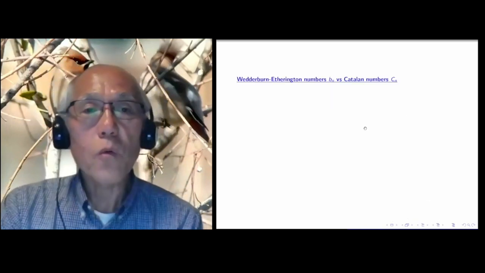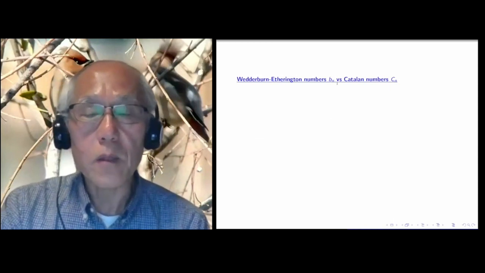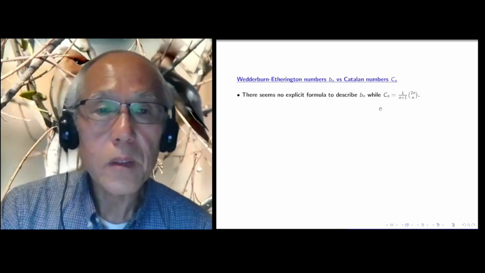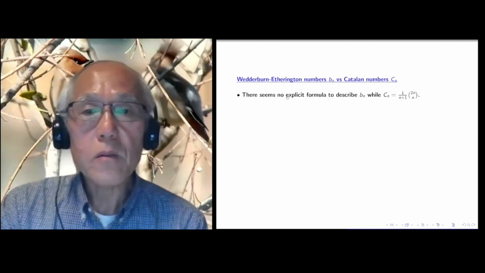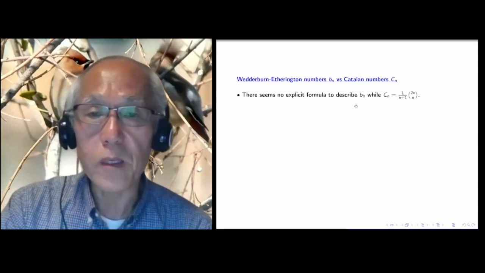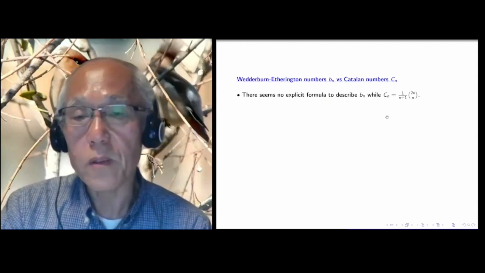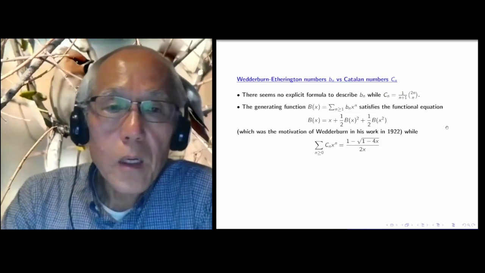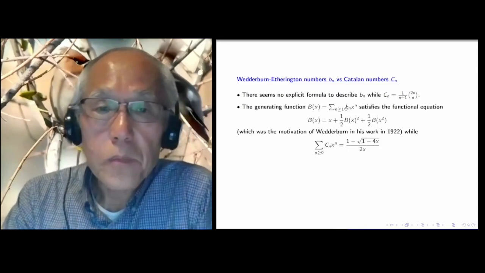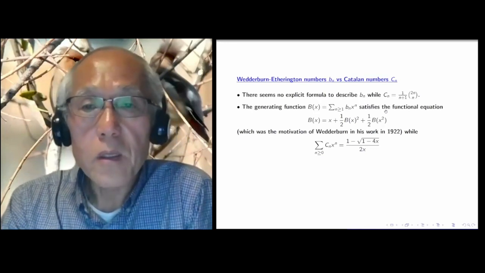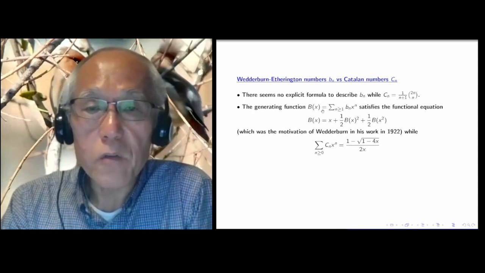Now, I compare B_n with C_n. There seems to be no explicit formula to describe B_n, while C_n is this one, as you know. And the generating function of the Wedderburn-Etherington numbers satisfies these functional equations.